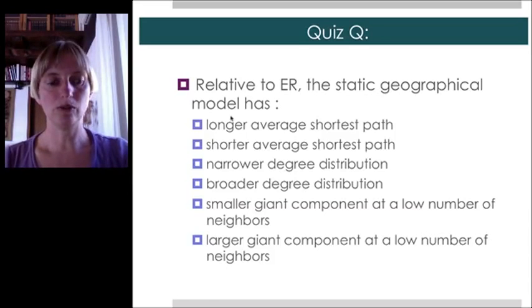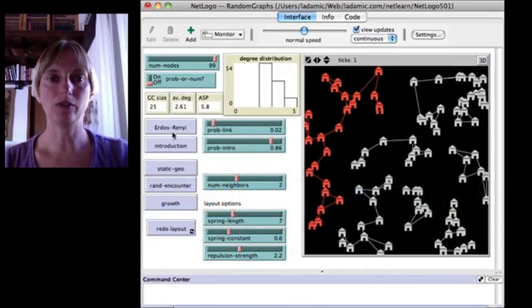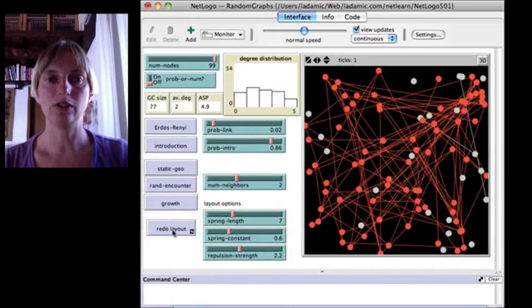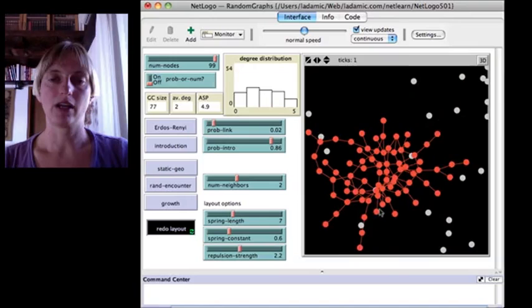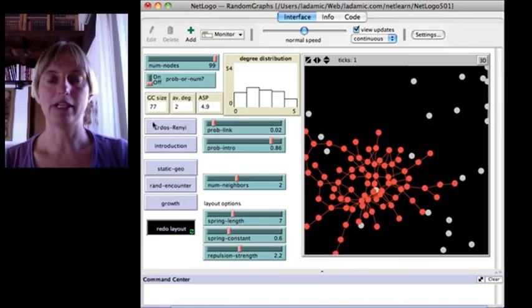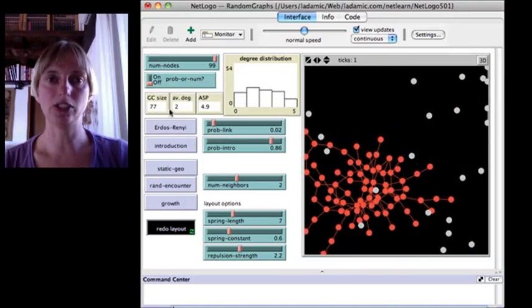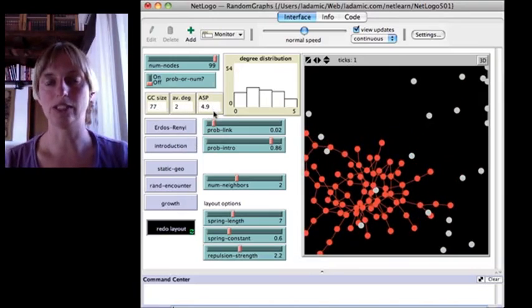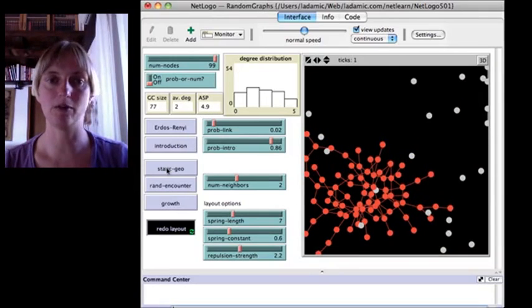So to compare something like that, all you would do is, without changing any other parameters, click on Erdős-Renyi to generate an equivalent Erdős-Renyi random graph, and then look at the size of its giant component, average degree, average shortest path, to contrast with the other model.